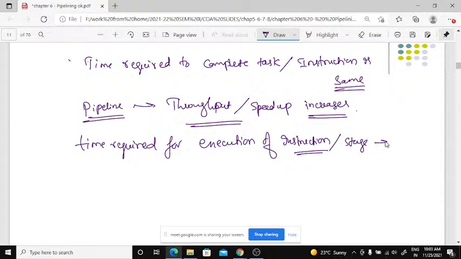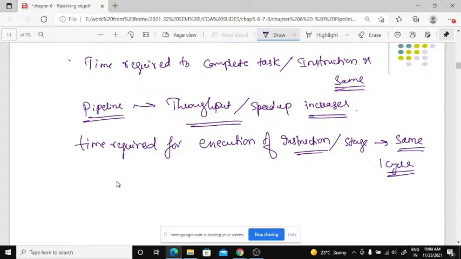If it is 1 clock cycle or 2 clock cycles for each stage, then we won't find any delay, so the speedup or throughput will increase.